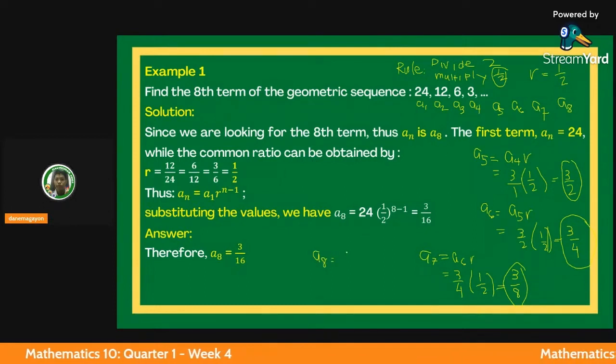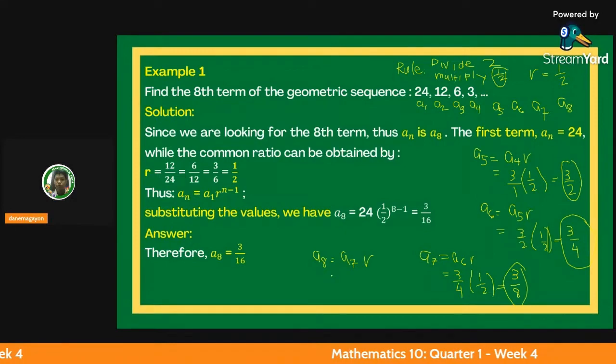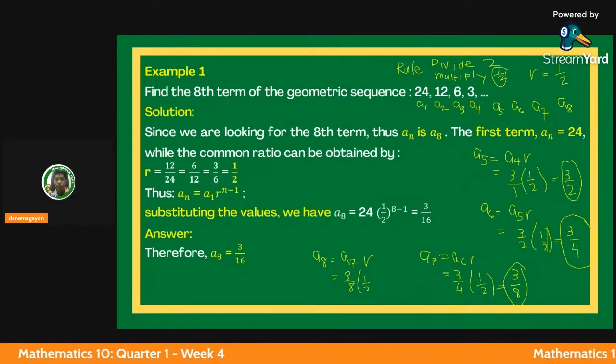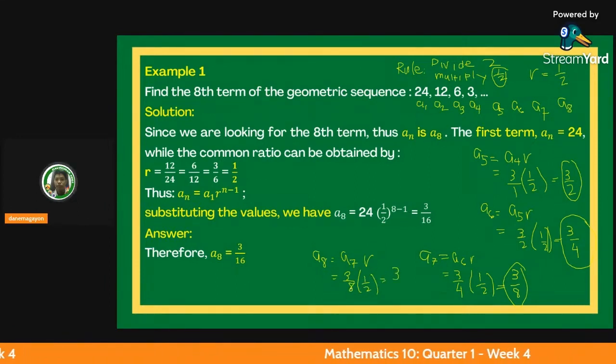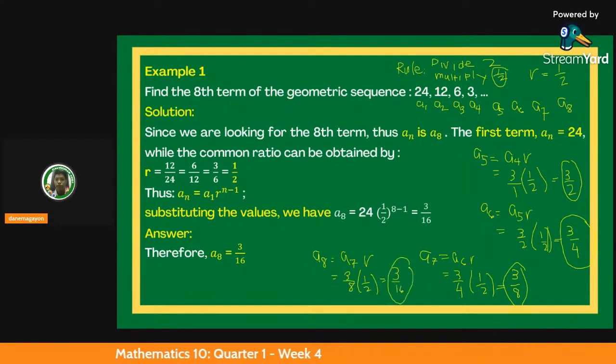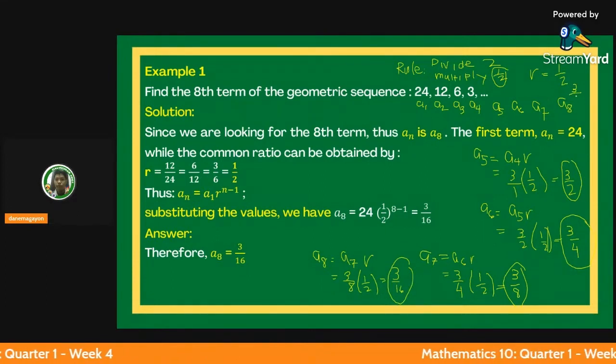So meron tayo ditong a sub 7 times the common ratio. So yung a sub 7 natin is 3 over 8. Yung common ratio natin is 1 over 2. So we multiply 3 by 1 to get 3. We multiply 8 by 2 to get 16. So as a result, yung answer natin will be 3 over 16. Yan yung magiging sagot natin.